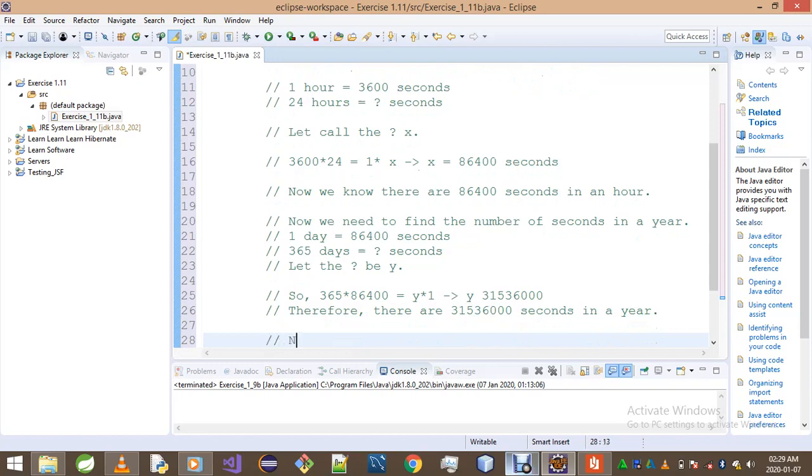Now we must get the number of people that died in a year. I mean each year. I'm supposed to go each year.